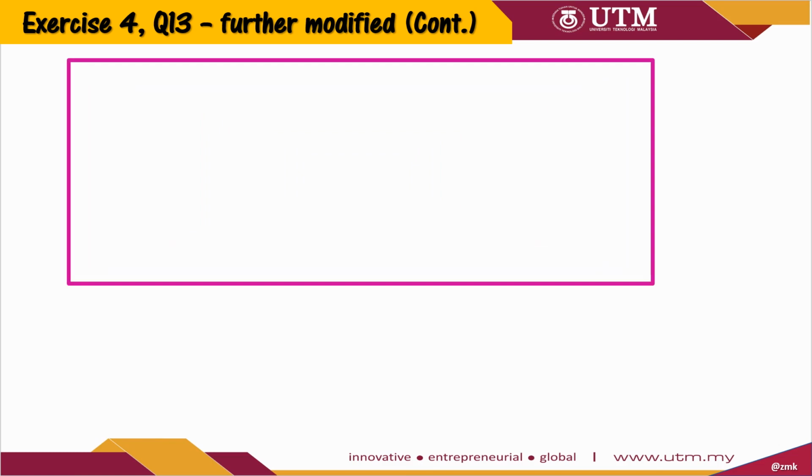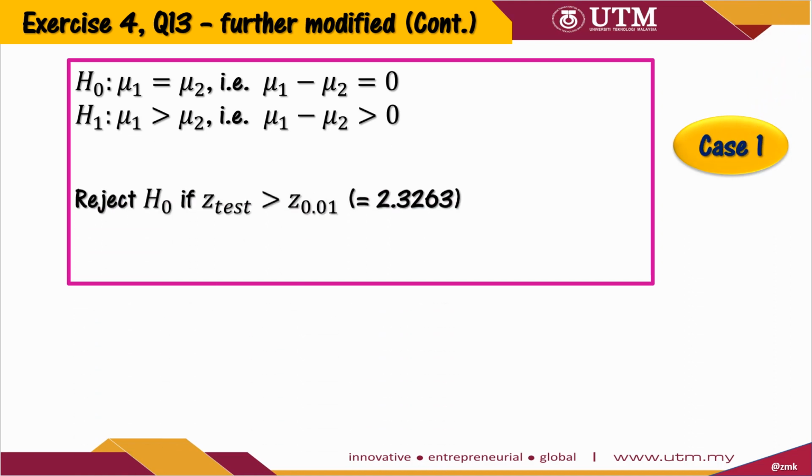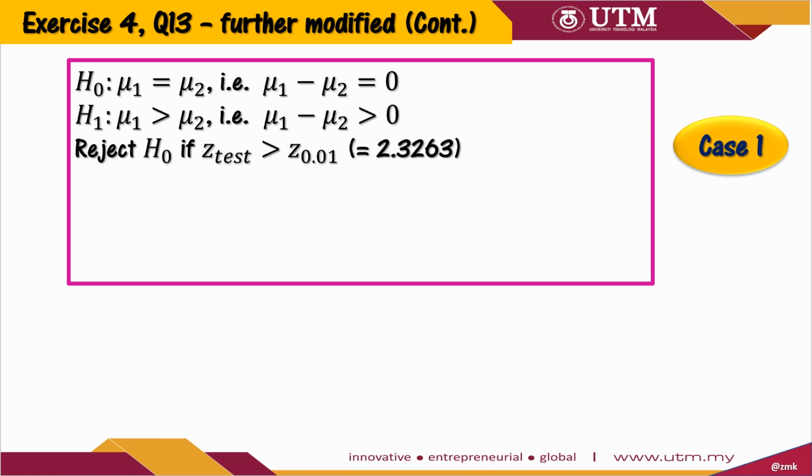We will use exactly the same H0 and H1, but since this is case 1, the rejection rule is: reject H0 if z-test is greater than z0.01, which is 2.3263.